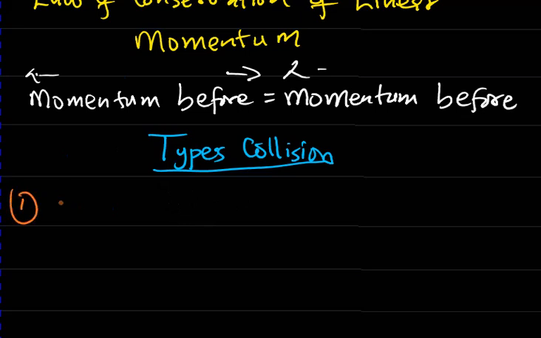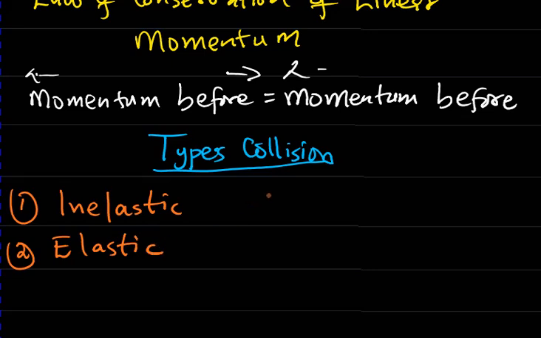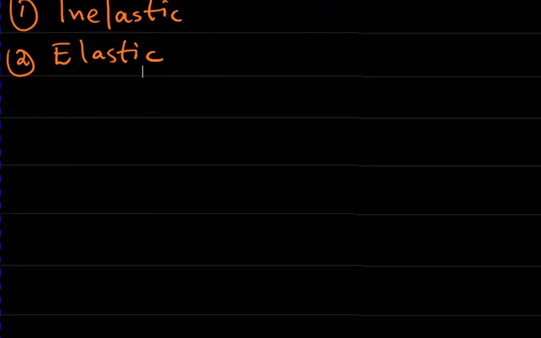The first is the inelastic collision. The second is the elastic collision. Let's start with the very first, the inelastic collision of two bodies.